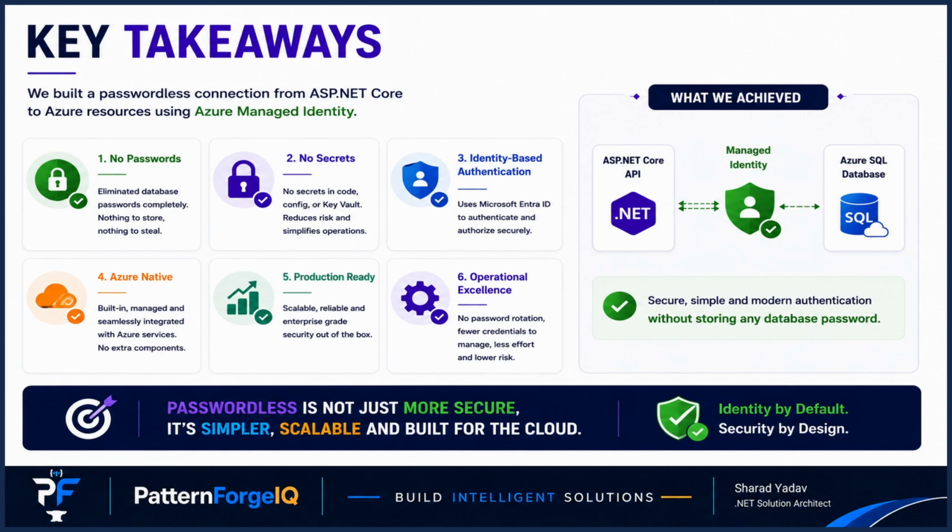Our application now authenticates using its Azure identity, while Azure SQL controls exactly what that identity is allowed to access. So, when Microsoft Entra authentication is supported, we can avoid managing credentials altogether and move towards identity-based passwordless authentication. And that's what we wanted to achieve in this video.